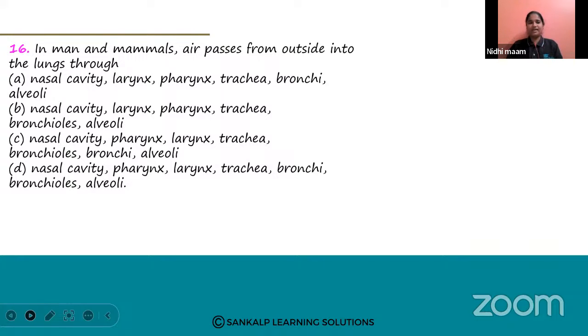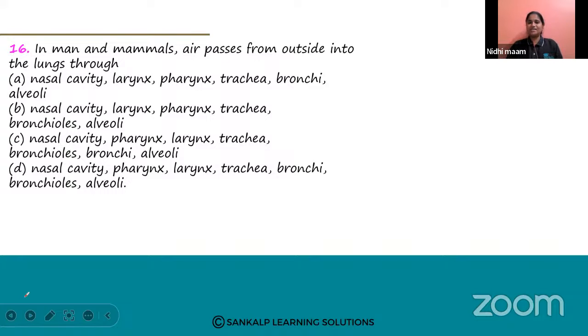You have to say the passage. The options list the nasal cavity, larynx, pharynx, trachea, bronchi, bronchioles and alveoli in different orders; the last is nasal cavity, pharynx, larynx, trachea, bronchi, bronchioles, and alveoli. So you just have to mention the passage of air in mammals as well as man.